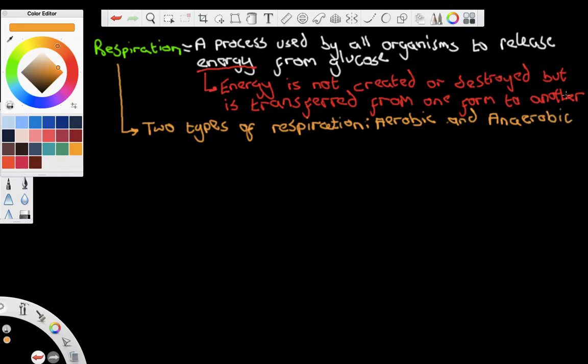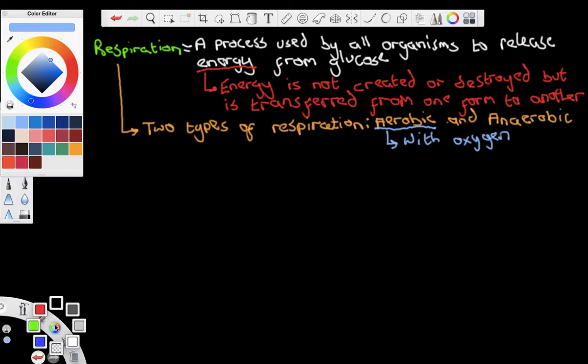We said last lesson that the word aerobic means with air. So the word aerobic literally means with air or with oxygen. And today we're going to look at anaerobic respiration.